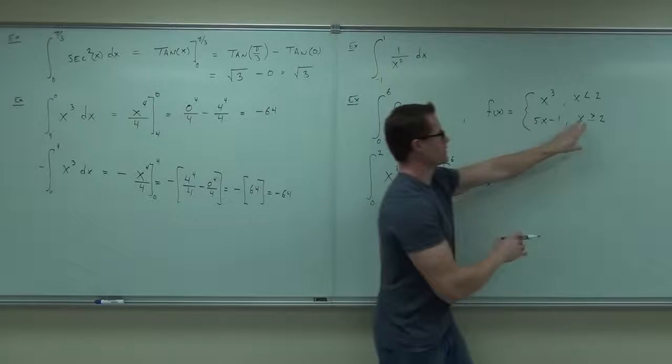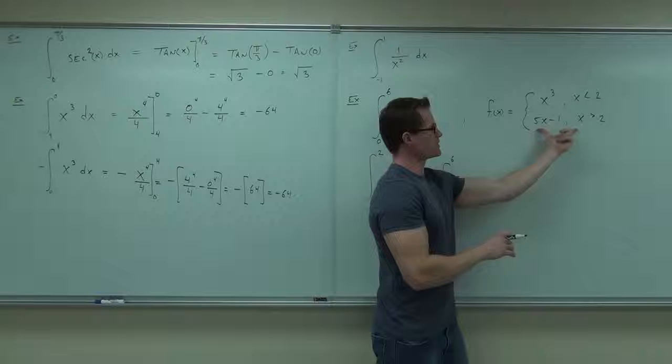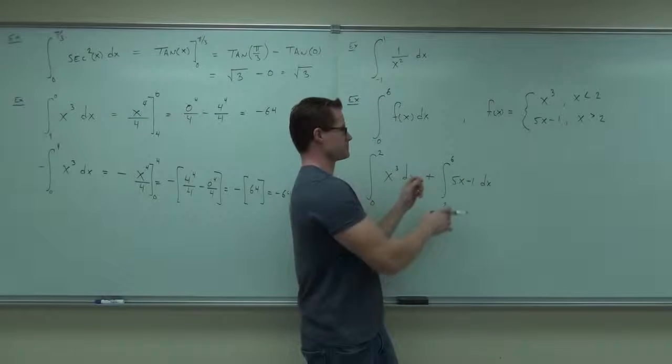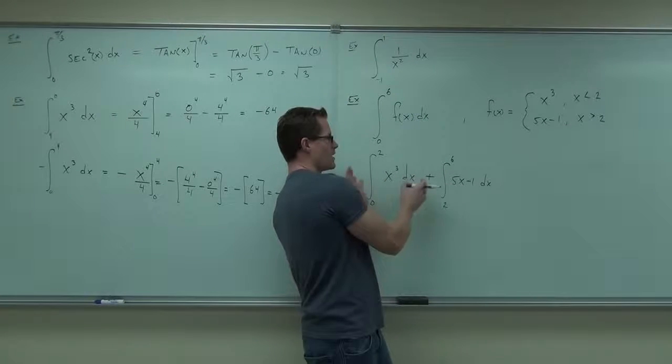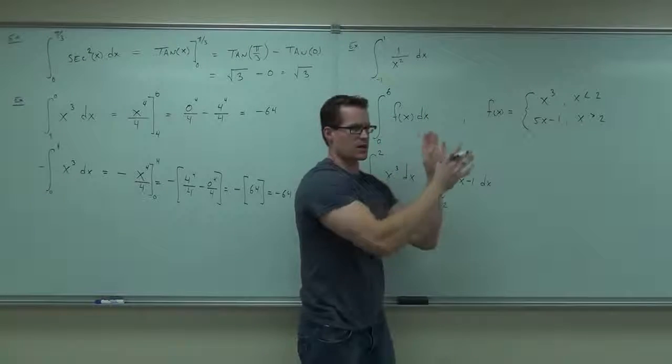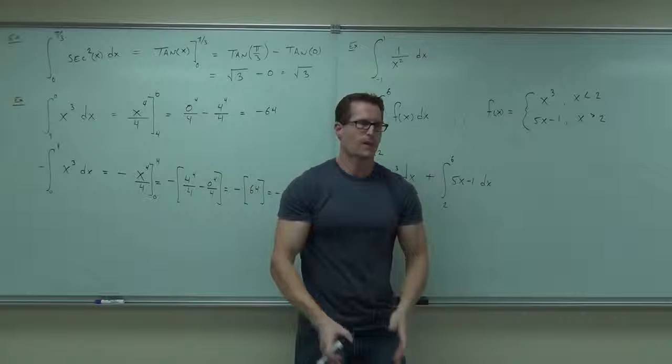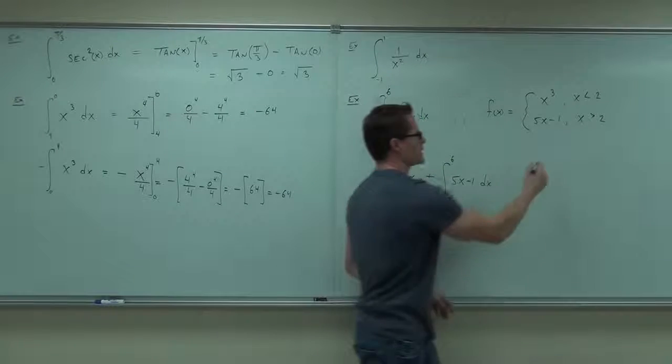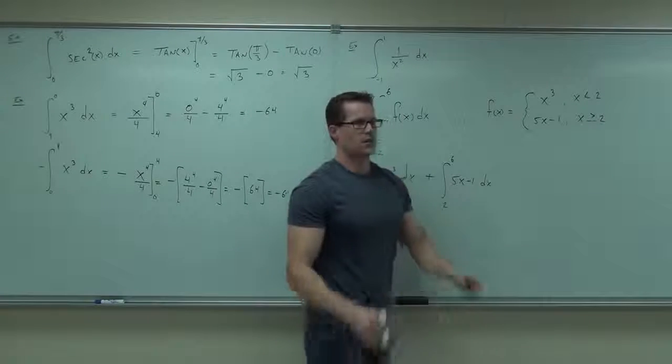This area plus this area plus this area, even like that, will equal that area because the area under a point is 0, but you can't do this unless you have this. That's the point.